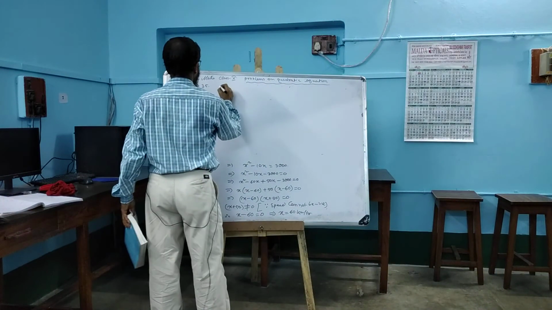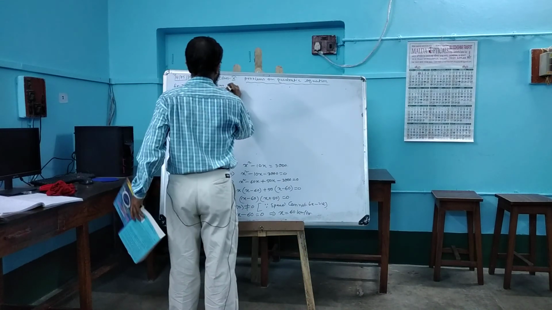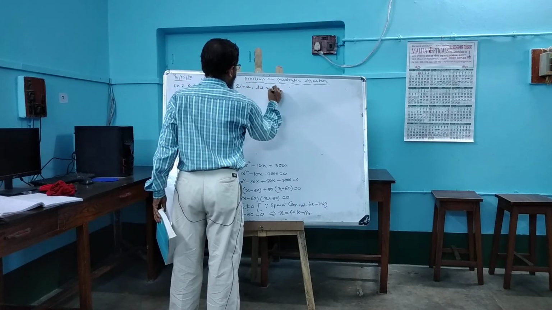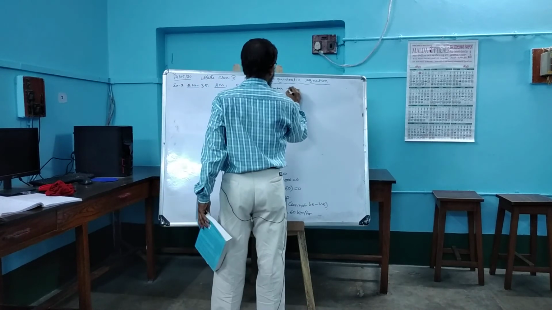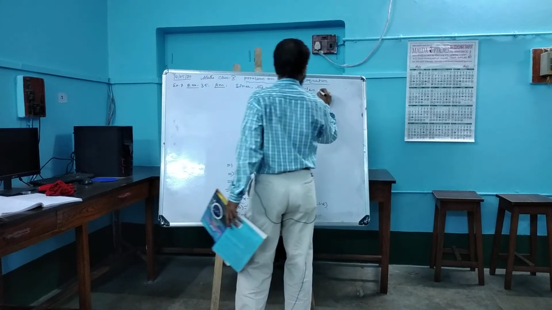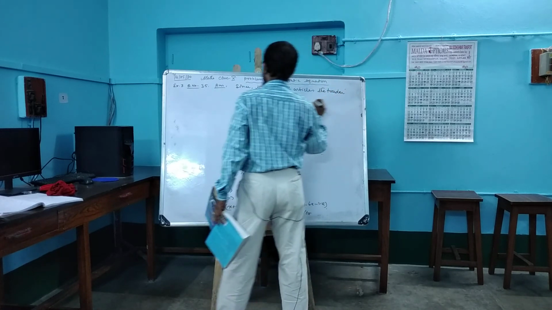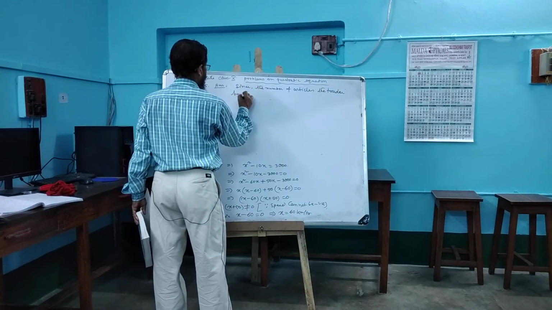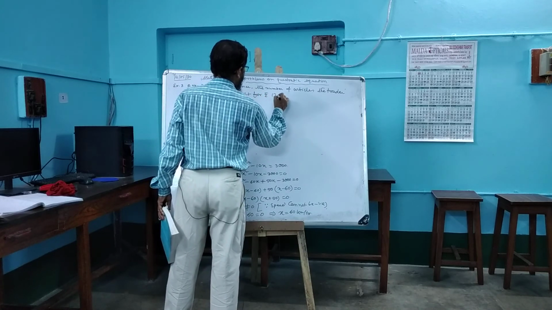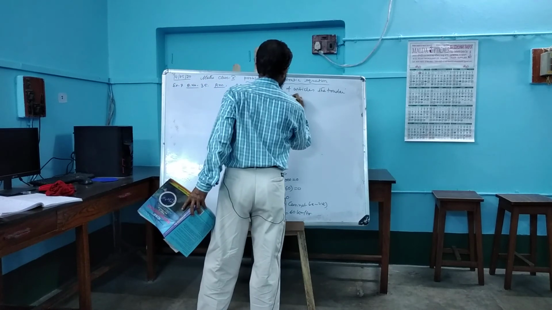Let the number of articles the trader bought for rupees 1200 be equal to x.